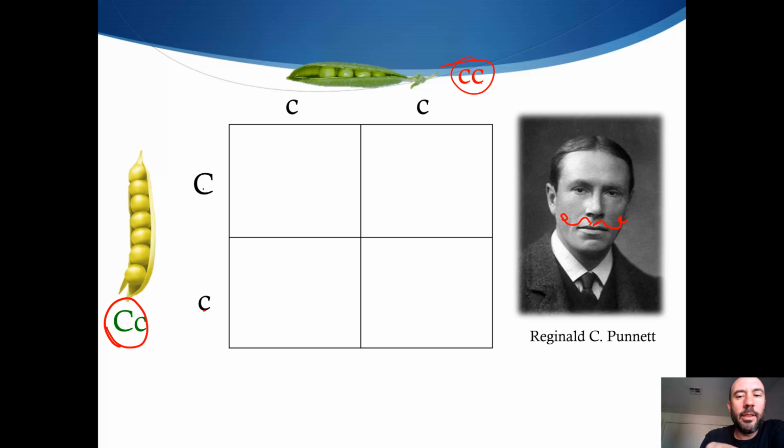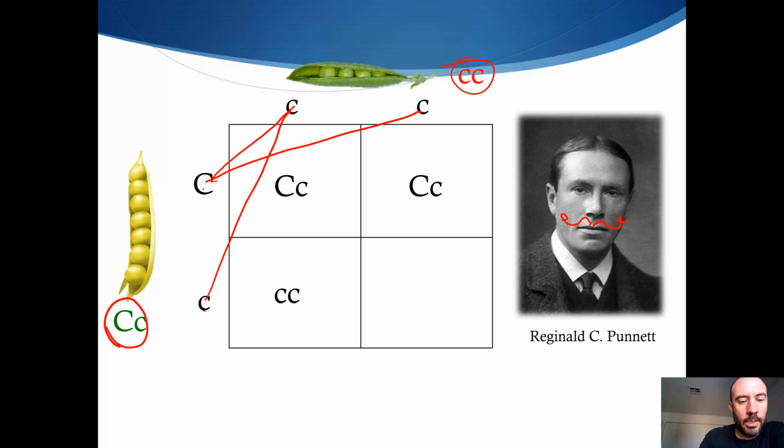So we separate those, right, around this 4-square thing, and then you just do your combinations. This combination, this combination, this combination, and this combination, okay?